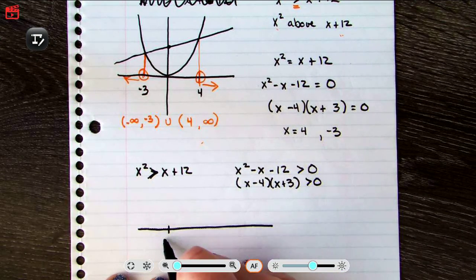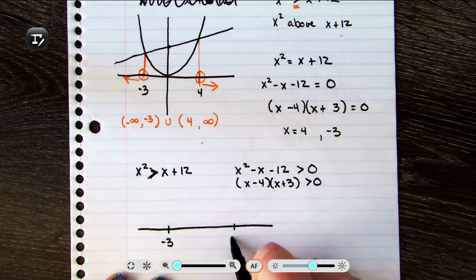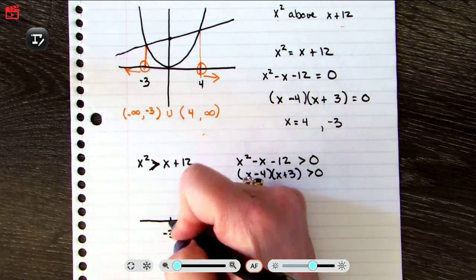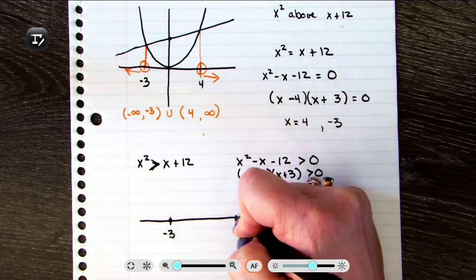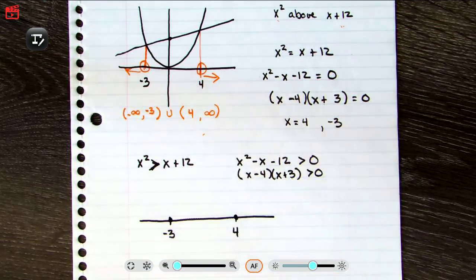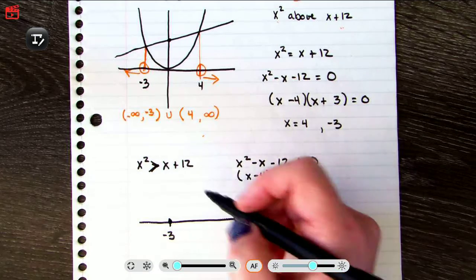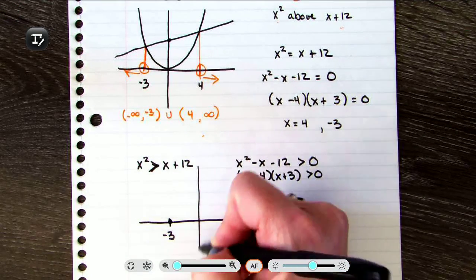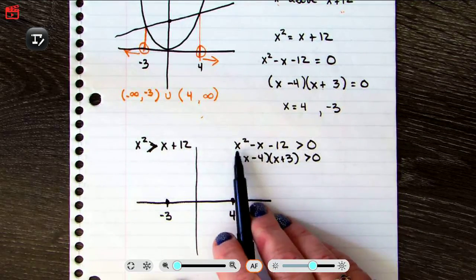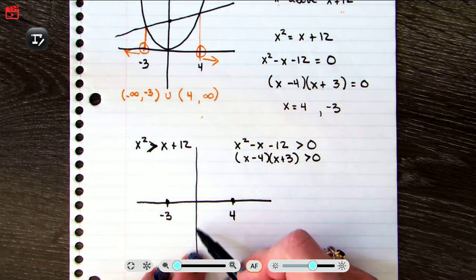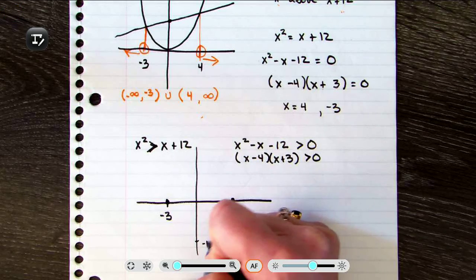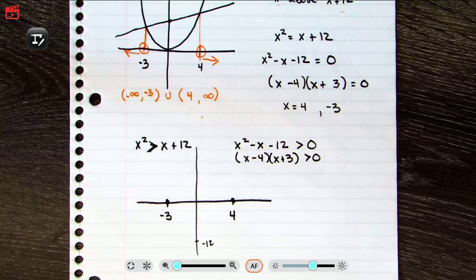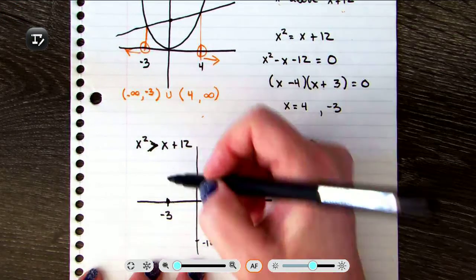So here's my -3, and here is my 4. And I knew if I were graphing it that those would be zeros. It would have some sort of y-intercept down here somewhere. I don't know exactly where it is. Yeah, I do. It would be at -12. And then we'd have our curve in there. And I know that this opens upward.